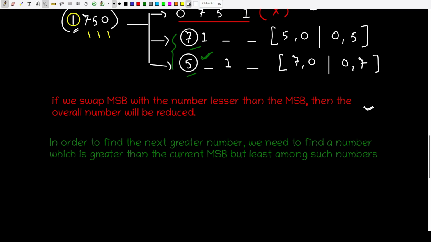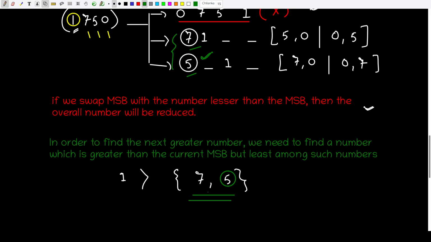The numbers which are greater than 1 are 7 and 5. Of these two, the number which is going to give us our answer is 5, because it is greater than the MSB, but among these two it is the least.